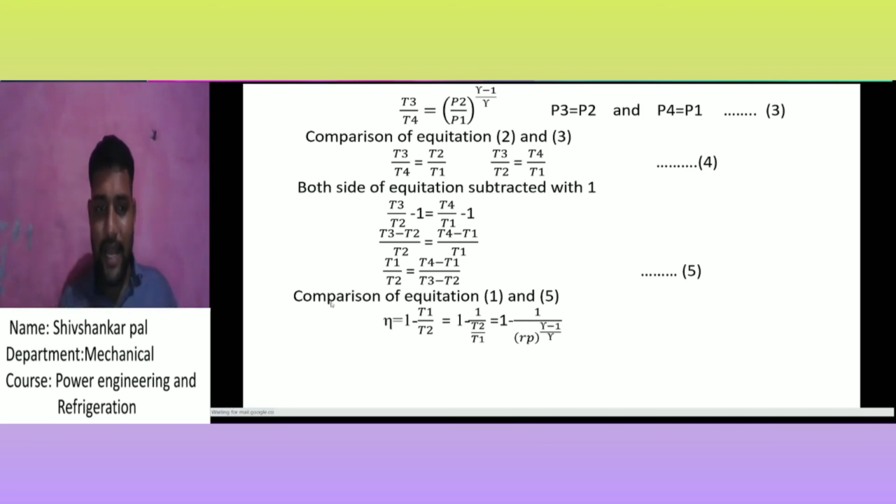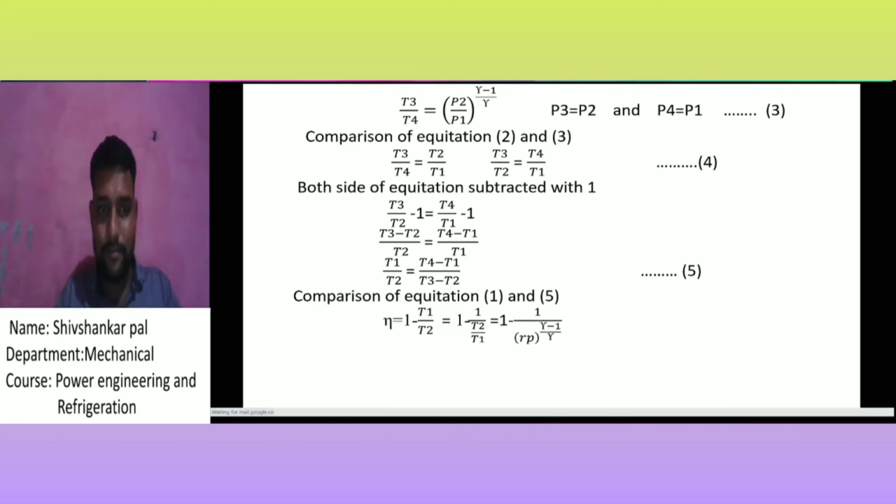So that efficiency is not only for our Brayton cycle. This efficiency is also the same as the efficiency of our Carnot cycle. And you know, our Otto cycle efficiency is equal to 1 minus rp to the power (gamma minus 1) by gamma.